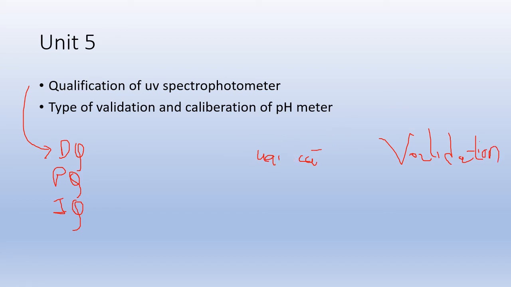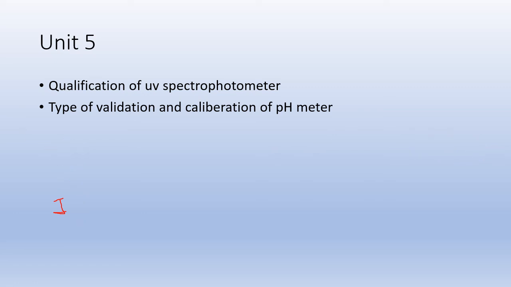So these terms are not to be mixed. One has to know the difference between qualification and validation, and the types of validation: either it is a regulatory validation, an internal validation, or an external validation. So one has to know the difference between the different types of validation.